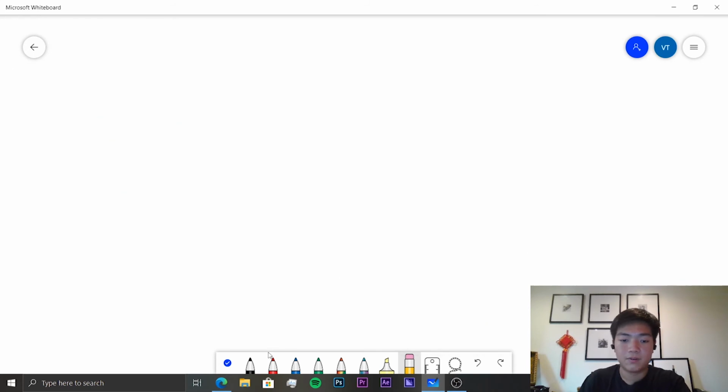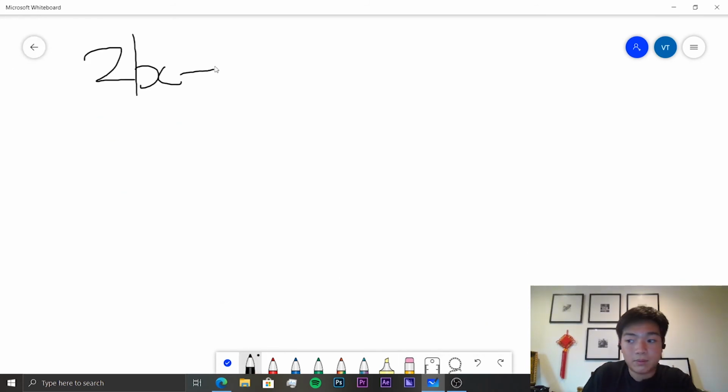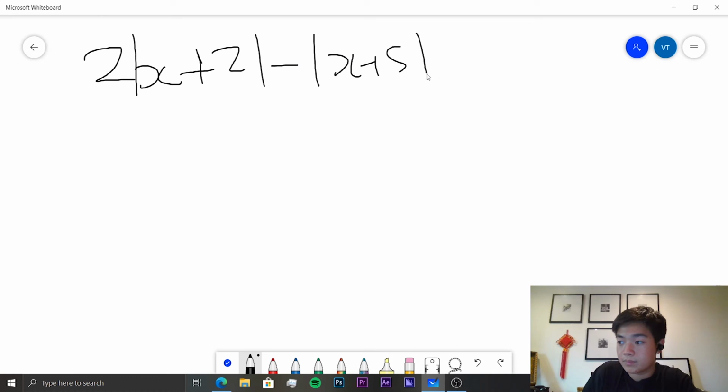So, for the final inequality, we have 2 times the absolute value of x plus 2 minus the absolute value of x plus 5 is less than or equal to 4.